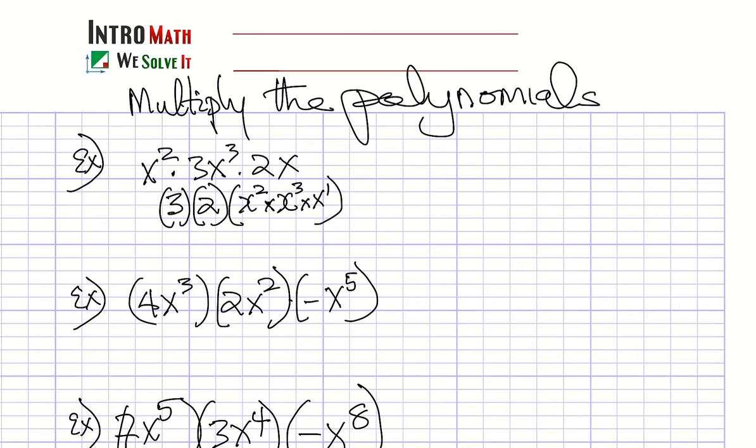So 2 times 3 is 6, x to the power 2 plus 3 plus 1. You remember the powers of exponents. It becomes 6x raised to the power 6. I hope you see that. That's why I had to do exponents first.